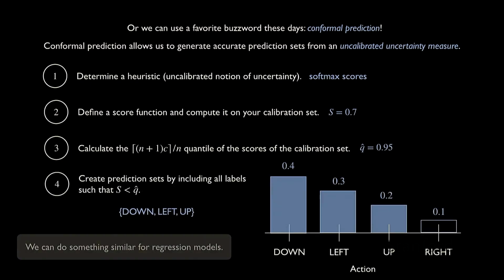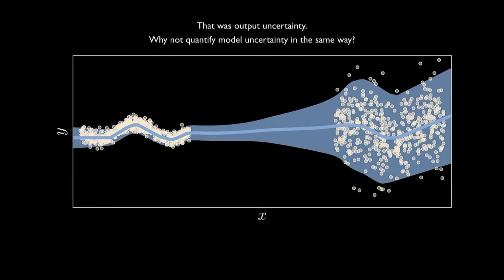Okay, that was output uncertainty. Okay, so now there's this idea of model uncertainty. And so you might ask, which we were kind of talking about before, why can't you quantify model uncertainty in the same way? And the reason is because model uncertainty is typically due to a lack of data. So we don't have data in this region.